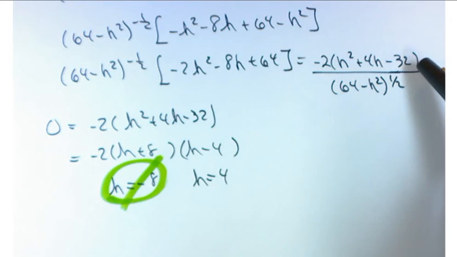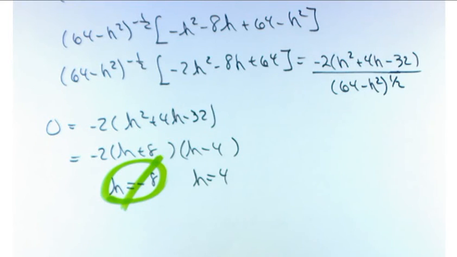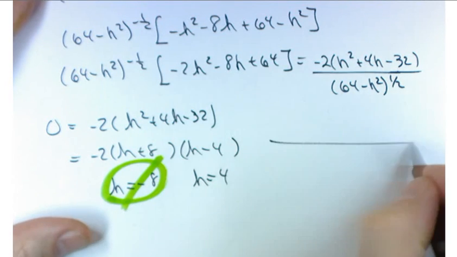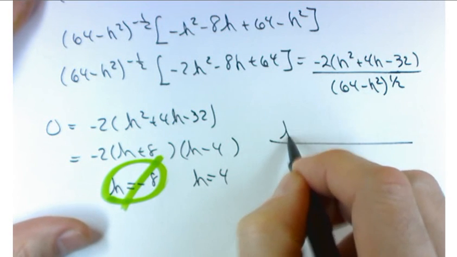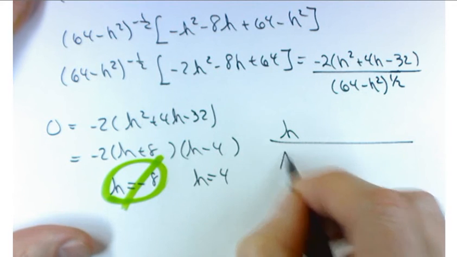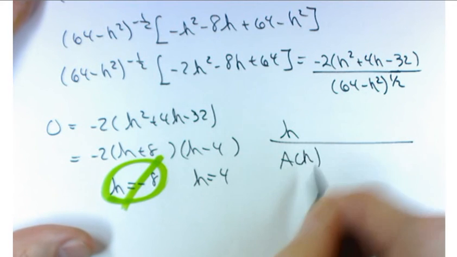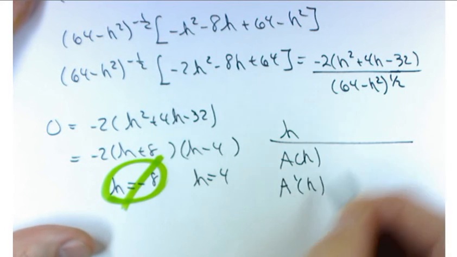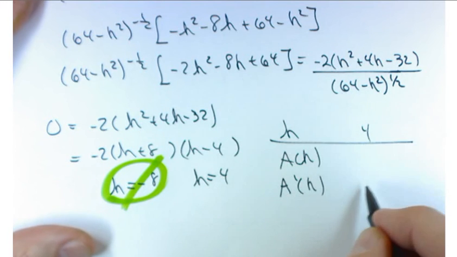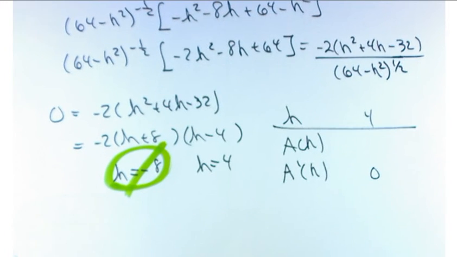I'm thinking that most of us probably wouldn't want to deal with the second derivative here. That'd be a real pain. So we could work with the first derivative, and I'll let you verify this later. A prime of h, so at 4, we had a derivative of 0.